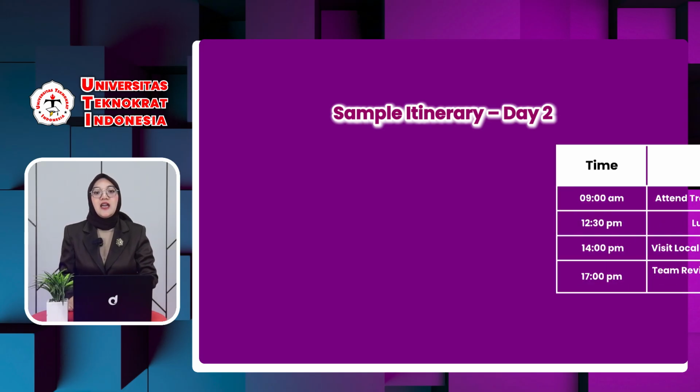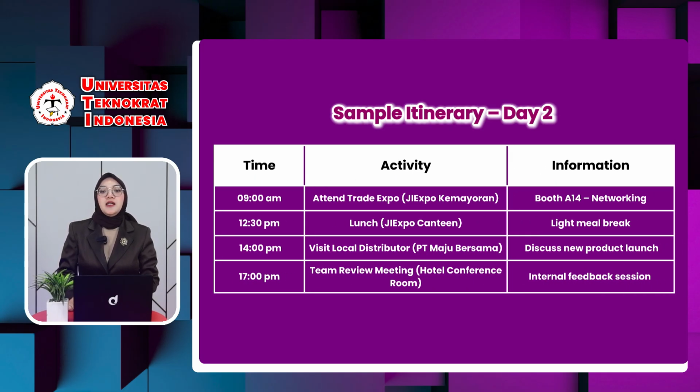Well, the next one is a sample itinerary for day 2. At 9 a.m., for example, you attend the Trade Expo, G Expo Kemayoran, booth A14, and there is networking during the activities. And also at 12 p.m., for example, the activity is lunch at the G Expo canteen, and you can have a meal break and talk with your cooperation and business partners.